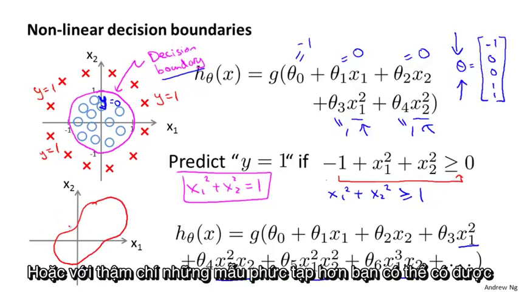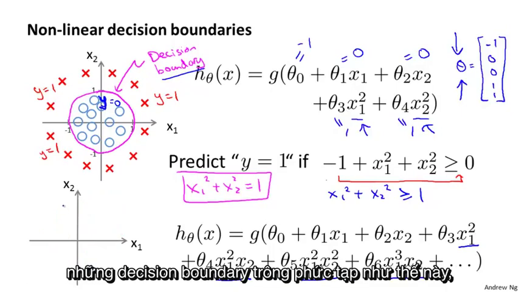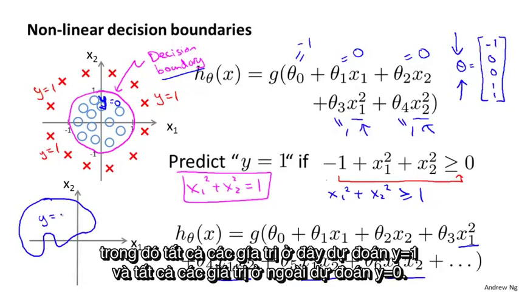Or for even more complex examples, maybe you can also get decision boundaries that could look like more complex shapes like that, where everything in here you predict y equals 1, and everything outside you predict y equals 0.